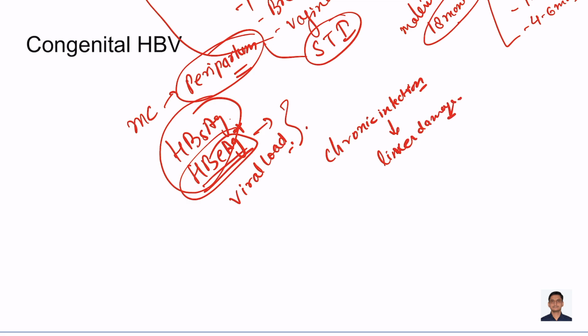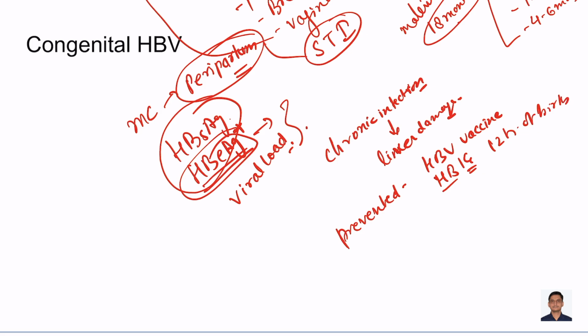It can be prevented by the use of HBV vaccination and by giving HBIG, that is the hepatitis B immunoglobulin, within 12 hours of birth, followed by vaccination at the regular times, that is 0, 1 and 6 months.